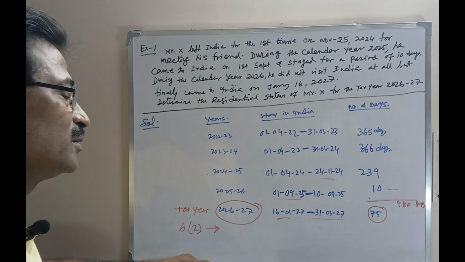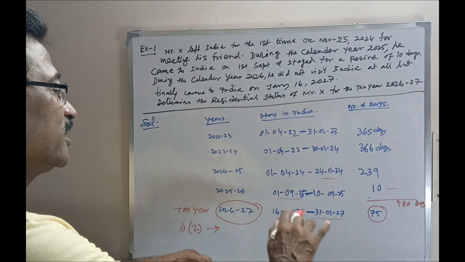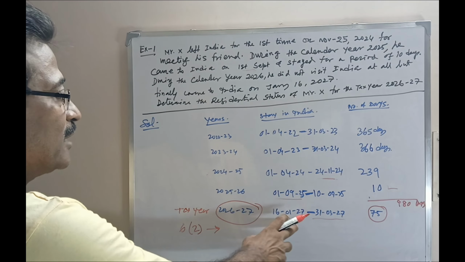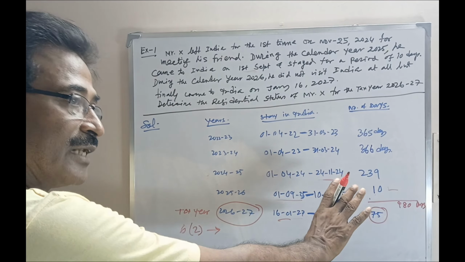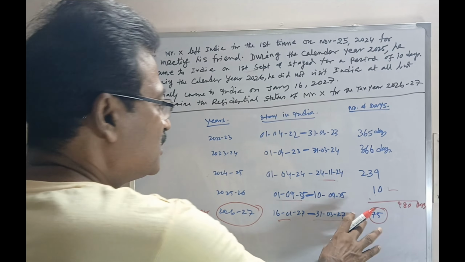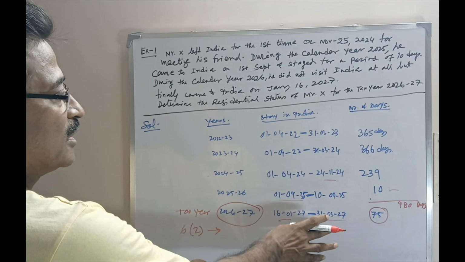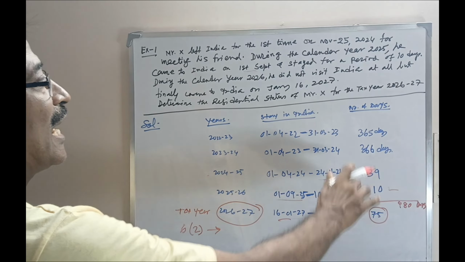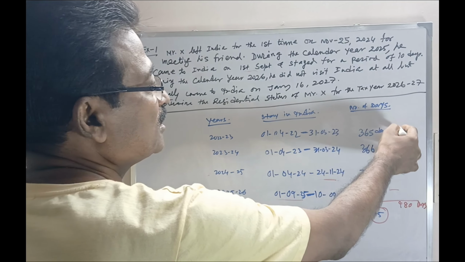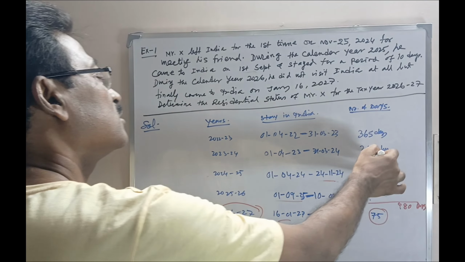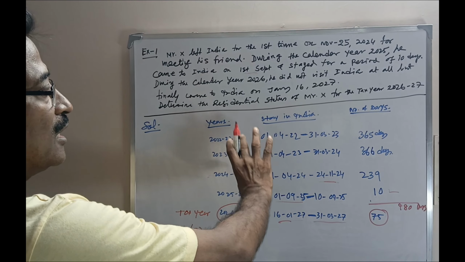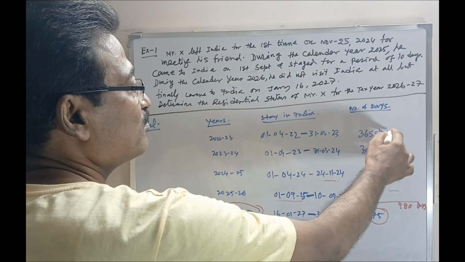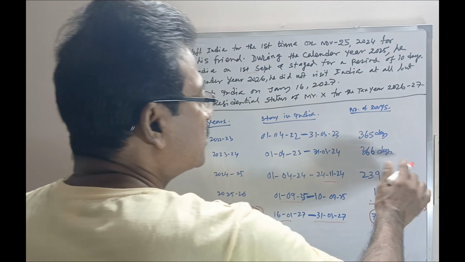Now come to the second condition. He must have stayed 60 days in the tax year. He has stayed 75 days, that is 60 days minimum, so he fulfills that part. And during the last 4 years preceding the tax year, he must have stayed 365 days.